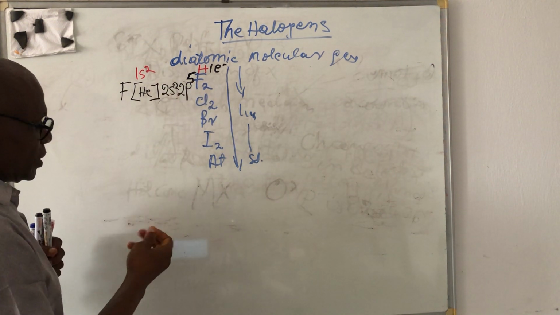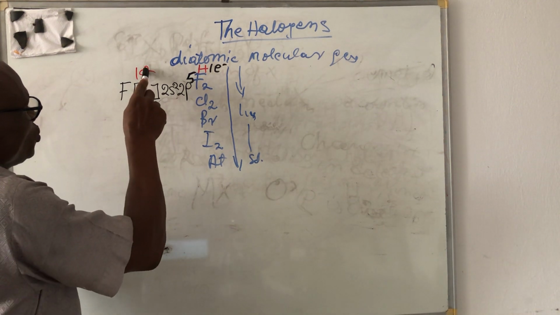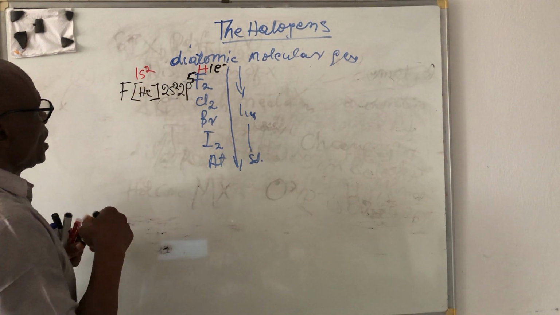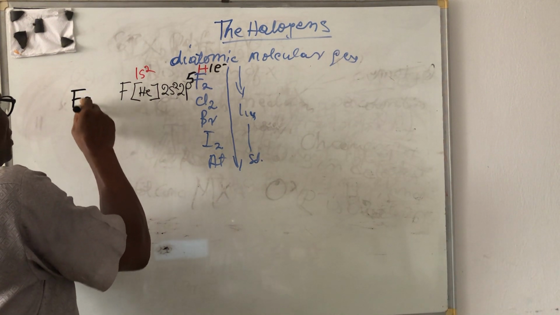So if you see the helium core, you add 2 plus 2 plus 5, which gives you the atomic number of fluorine.